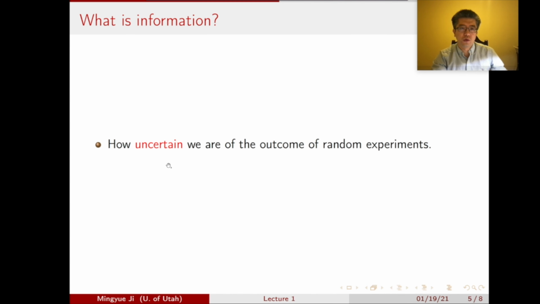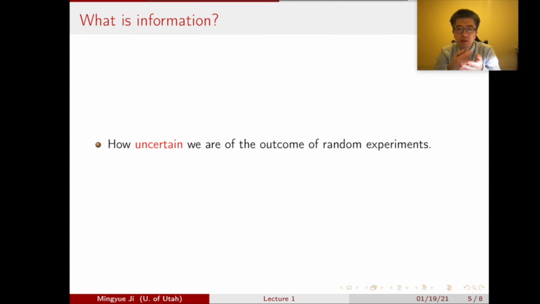All right, so let's see what is information. As we introduced in the first class, information is the uncertainty of the outcomes of a random experiment. In other words, if the probability of each outcome is more uniform, then there is more uncertainty.